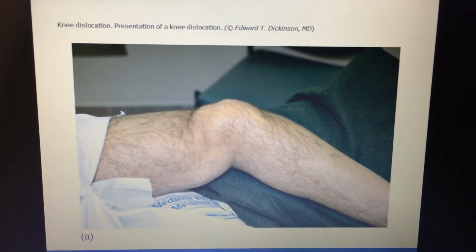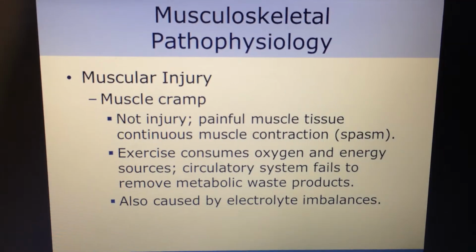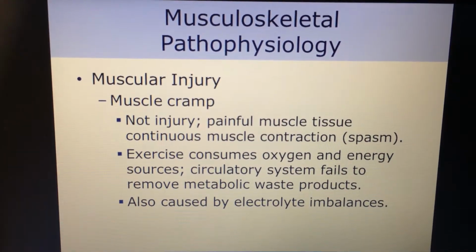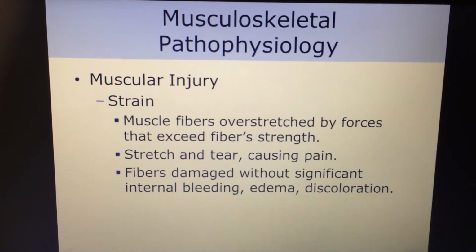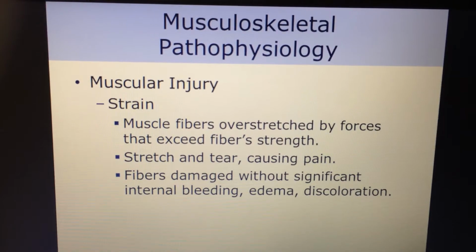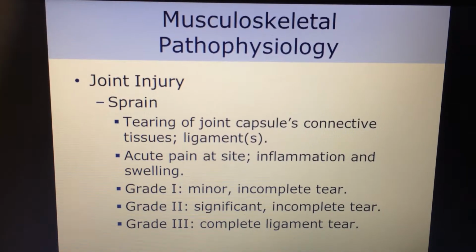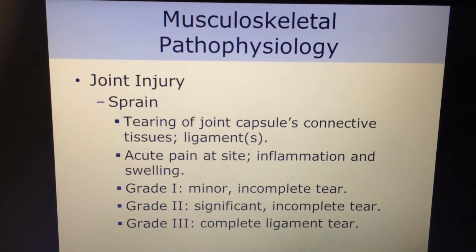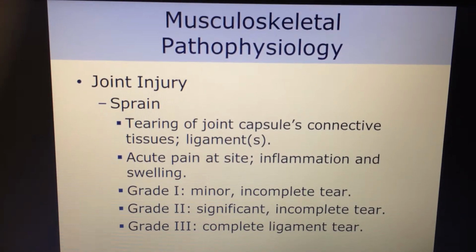I do want you to know some key components there. The other thing that I want to do is these factors here. What's the difference between a muscle cramp and a strain, and what type of injury and what type of structure is going to be injured? When we talk about joint injuries, a sprain is going to affect what structures? We talk about the capsule, the ligaments, and that.